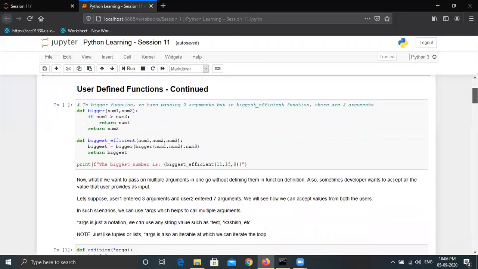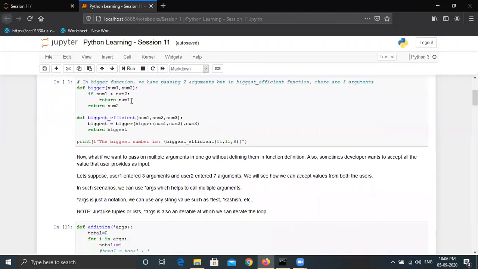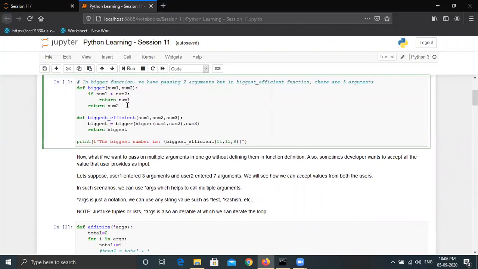First of all, let's take an example that we discussed in the previous session. We created this bigger function, took 2 arguments, and applied a condition: if number one is greater than number two, then return number one, otherwise number two. So this program helps us find the biggest number out of 2 numbers.